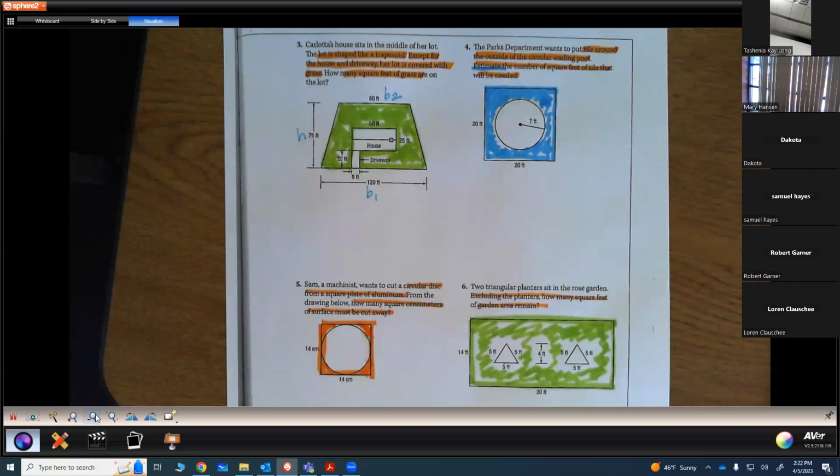Do you have your formula sheet? Formula for the trapezoid. One half times the height, times the sum of the two bases. You don't just multiply.